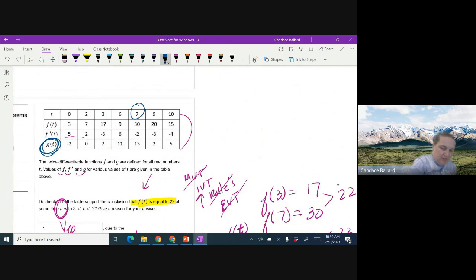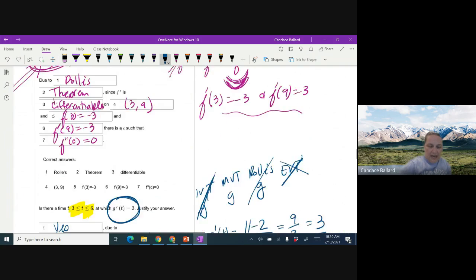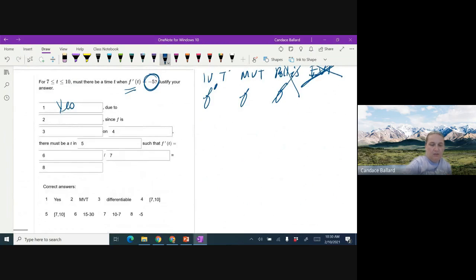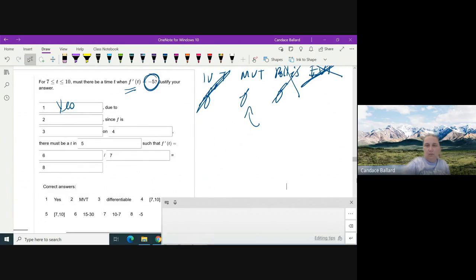Notice my values on F prime, right? Because it has to match for IVT. -5 isn't between there, all right? So I know that it cannot be that one, because it had to be -5, so it didn't work. So we're by default at MVT again, okay?